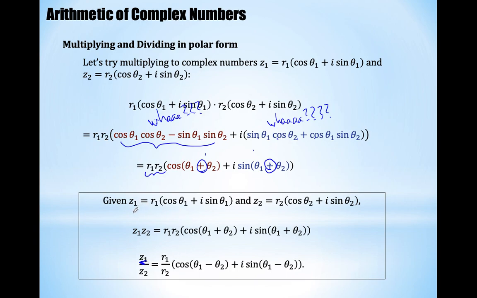So given two polars that you want to multiply, multiply the radii, add the angles. For division, divide the radii and subtract. And again, remember, it is tradition not to have a negative angle in there, right? So just use your coterminal knowledge and get me a positive one.